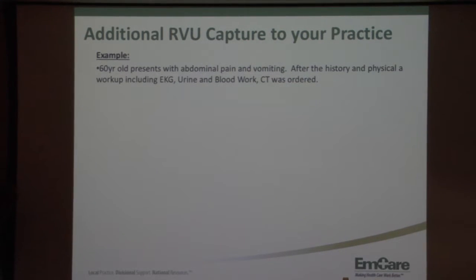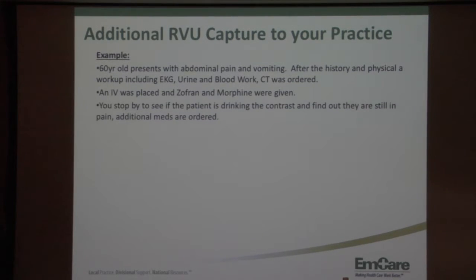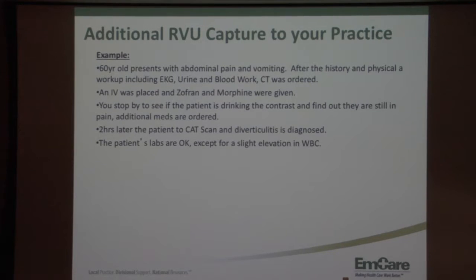So what we're trying to do is not only bolster our documentation, but also benefit by capturing additional RVUs. A 60-year-old with abdominal pain and vomiting. We get the history, do some labs, EKG and CT, and give some analgesics. You stop by to see if the patient is drinking contrast, find that they're still in pain, and give additional medicines. 2 hours later, the CAT scan shows diverticulitis.